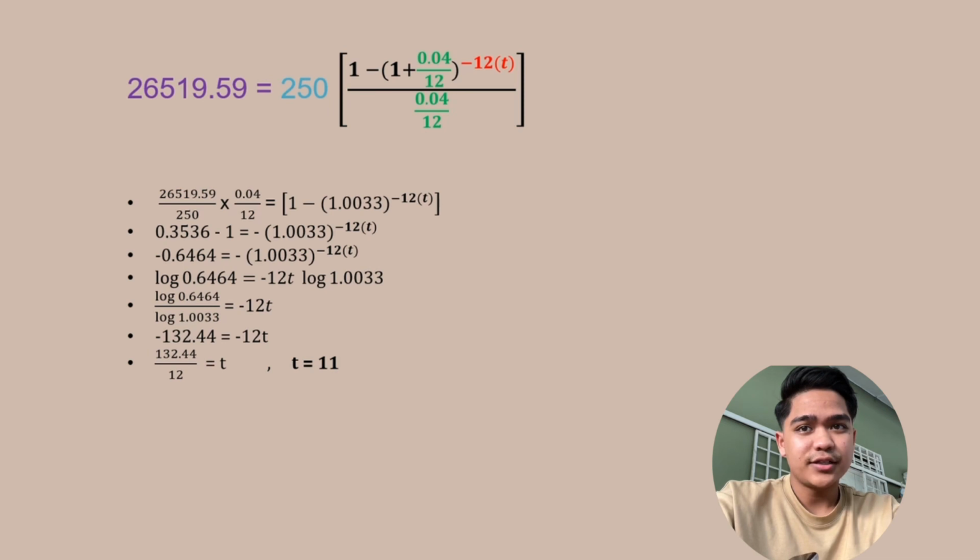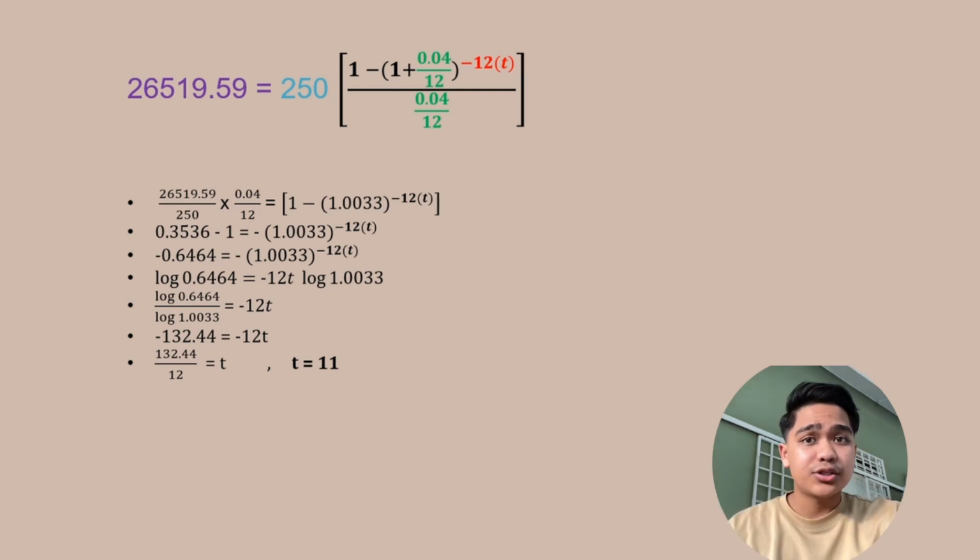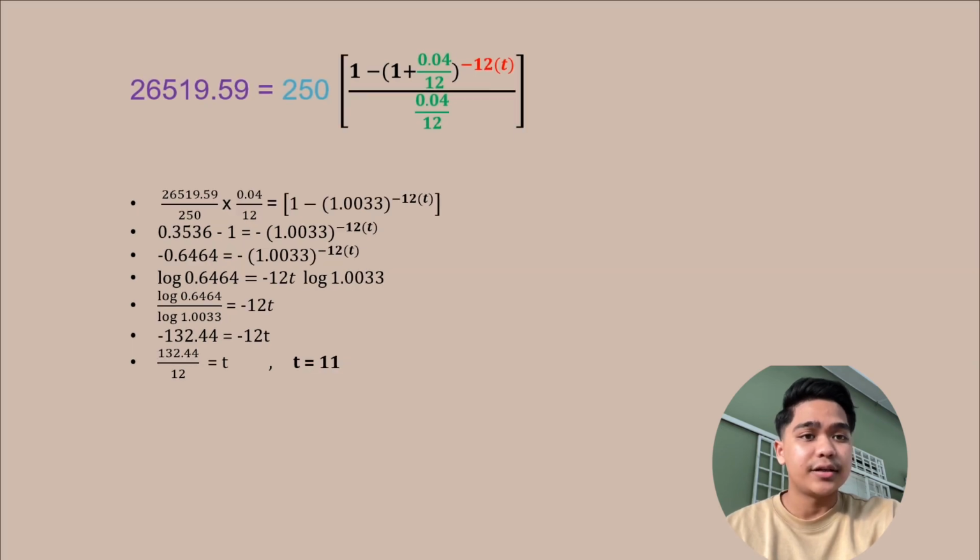Negative 0.6464 equals negative open bracket 1.0033 close bracket power negative 12 t. Log 0.6464 equals negative 12 t log 1.0033. The last one, 132.44 per 12 equals t. The answer is t equals 11.